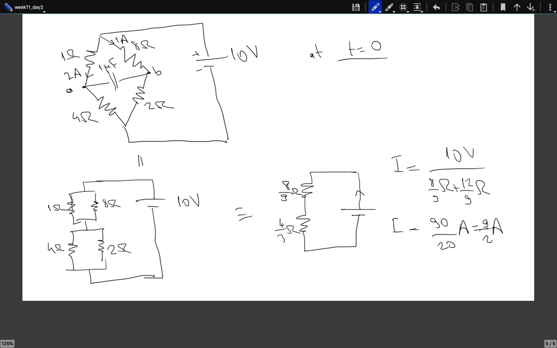Let's continue along this line and let's see what is the current running through that capacitor. Now, the total current is 9/2 amperes. Now, let's go to this figure. So 9/2 amperes enters here. If 1 unit goes over this one, 8 units should go over this one. So half an ampere goes over the 8 ohms.